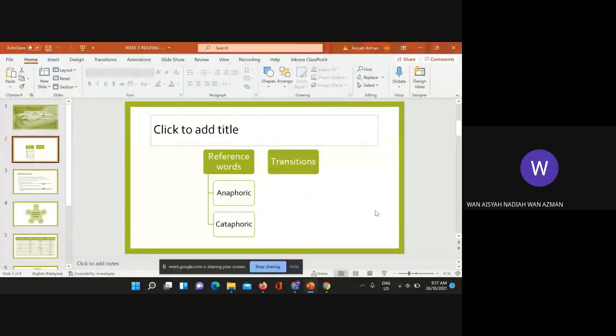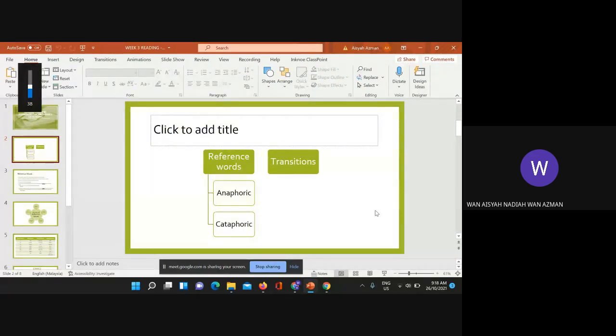All right, so let's continue with the second topic, which is the mechanics of reading. For the mechanics of reading, we have two. The first one would be the transitions, the one that we discussed last week.